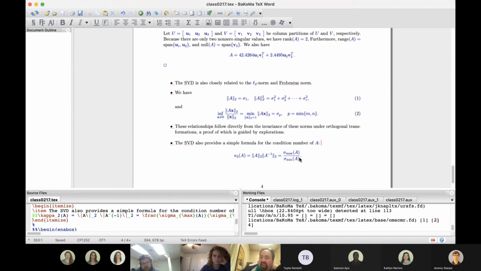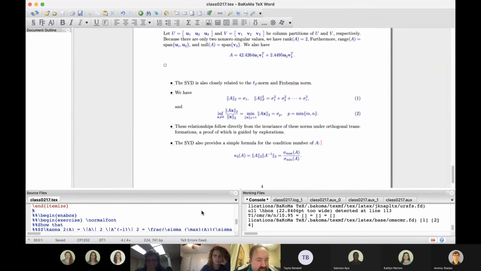If A is not a square invertible matrix, you can look at the largest and smallest non-zero singular values and get an idea of what the condition number would be. That's what we did in the full rank least squares problem. So if a matrix A is full column rank, it may not be invertible, but all of its singular values are non-zero. So this formula would still apply, even though there wouldn't really be an inverse per se.